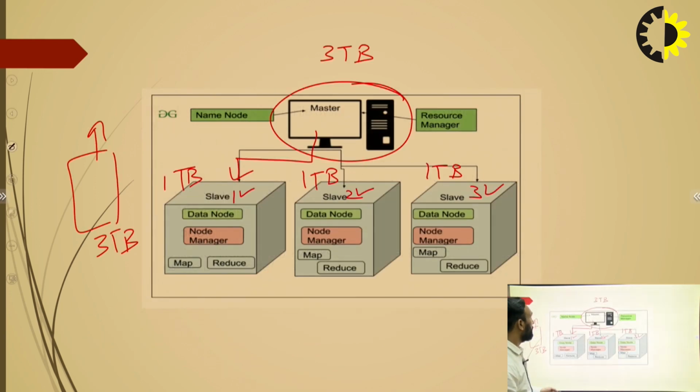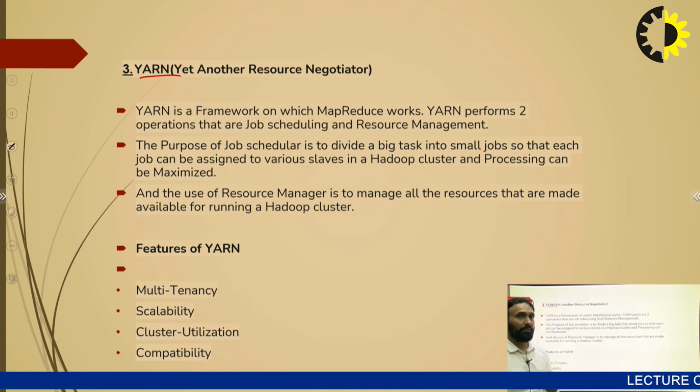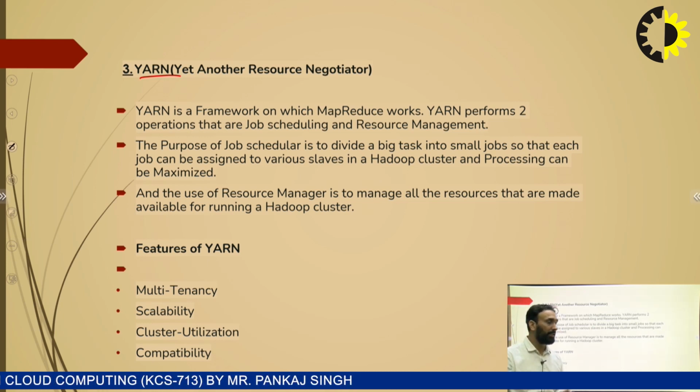Now we will take the third component, YARN. What is it exactly? It is basically a framework, or we can say an interface tool, by the help of which the user, here meaning the admin or the operator who manages all the data of an organization, can work. What can he do by using YARN?